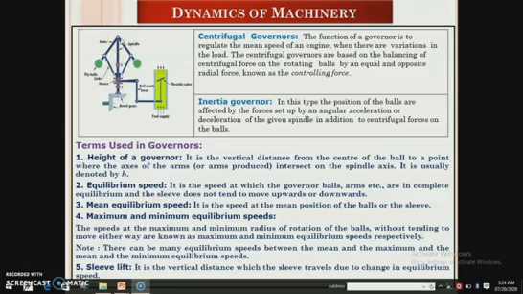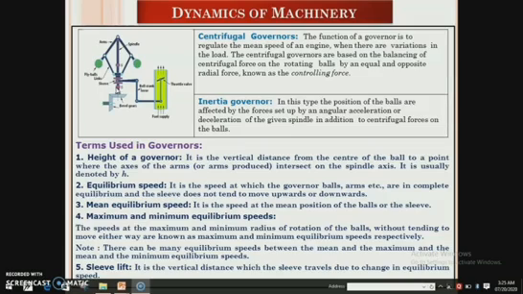This sleeve revolves with the spindle but can slide up and down. The balls and sleeve rise when the spindle speed increases and fall when the speed decreases.